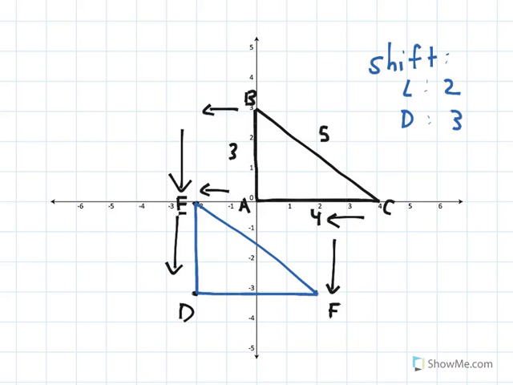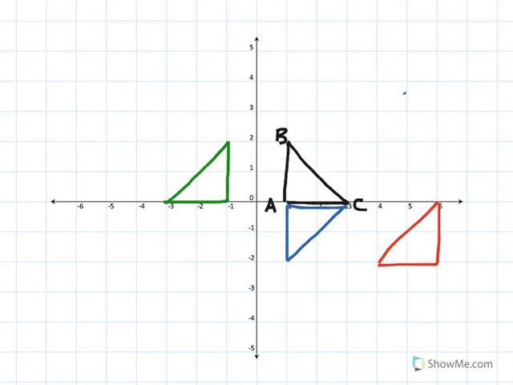Some other shifts are reflections, rotations, or translations. And here's some more. So let's look at a few of these transformations. This is our base one right here in black, ABC. Let's look at the green one first. It's pretty much a mirror over the y-axis here.